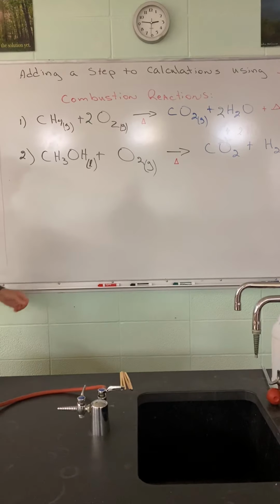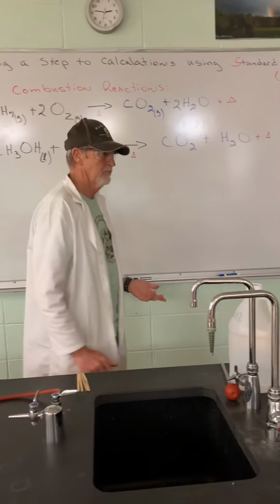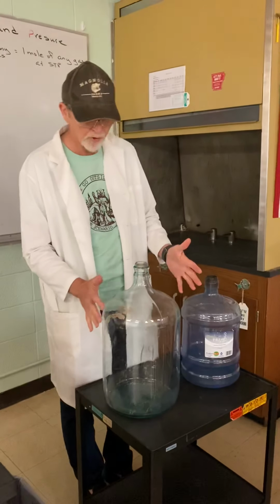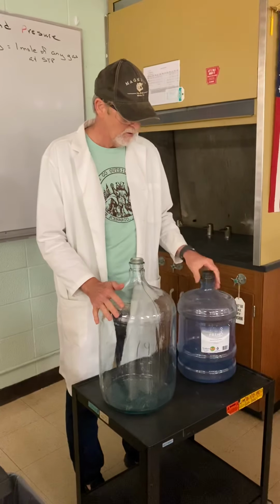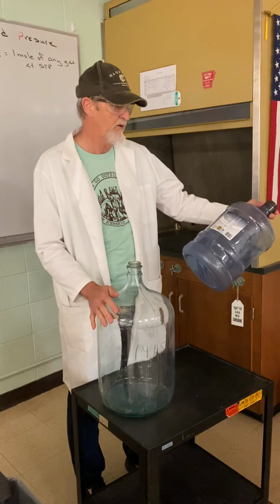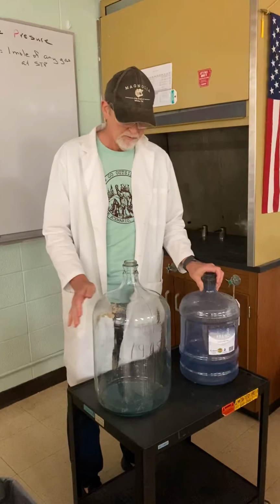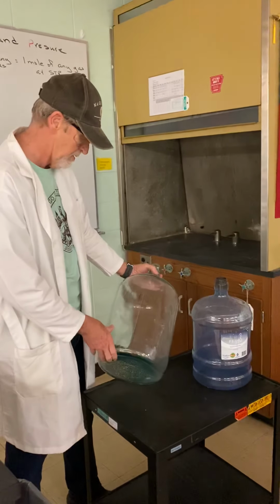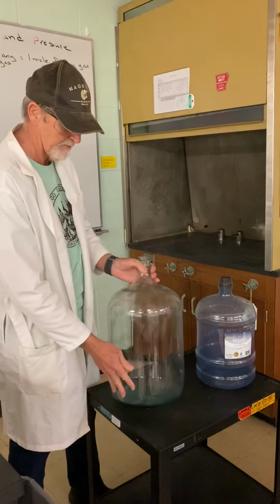The second one is one I'm going to do with those two containers over here. We have two very controlled volumes. We have the plastic one here, which is 11.3 liters, and we have a glass one here, which is 19.65 liters.